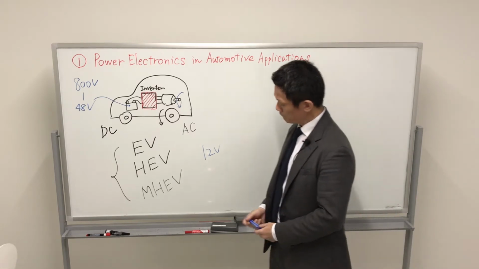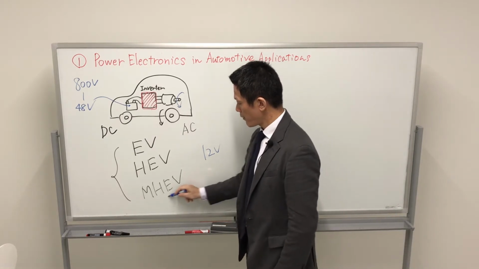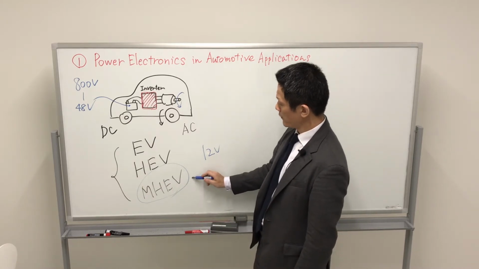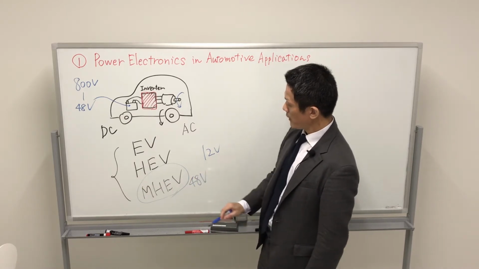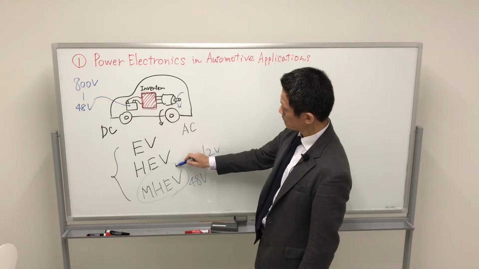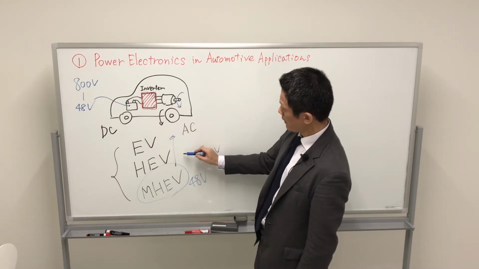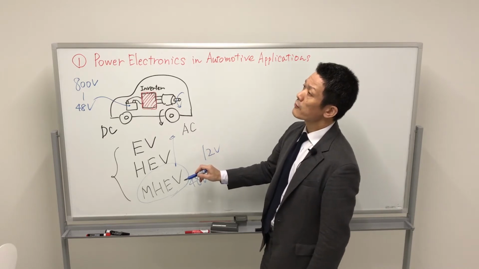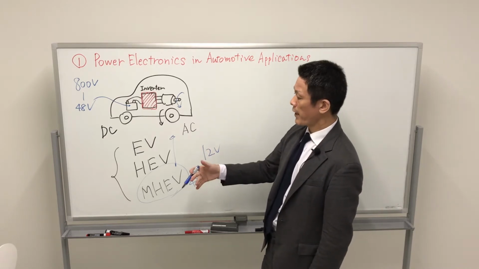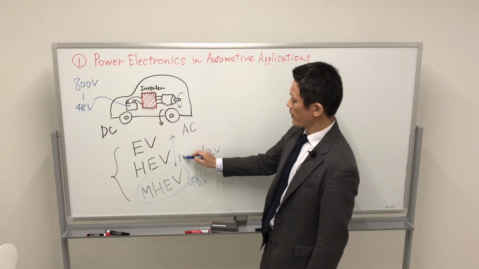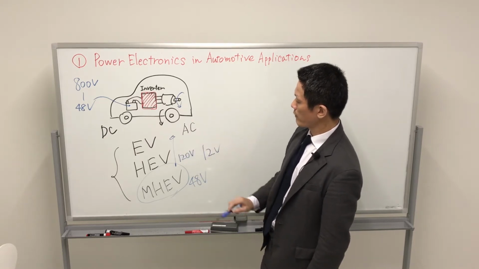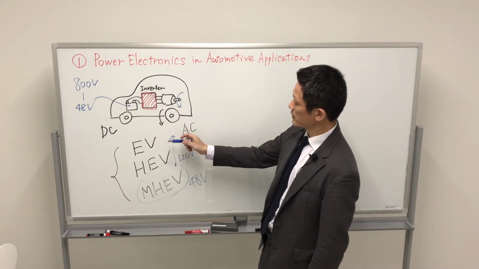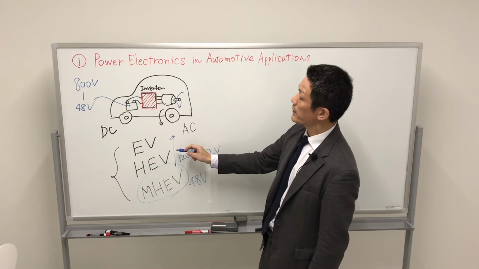And usually the mild hybrid electric vehicle is based on 48 volt, and the upper side, around the Mercedes S-Class, the primary hybrid model is based around 120 volt, and upper is the Tesla Model 3.